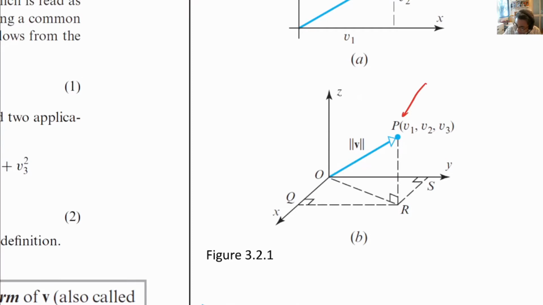We have vector v in R3, with v1 as the first coordinate, v2 as the second coordinate, and v3 as the third coordinate. If we study this right angle triangle, then we will see that the length of v can be found by knowing the length of RP square and OR square.